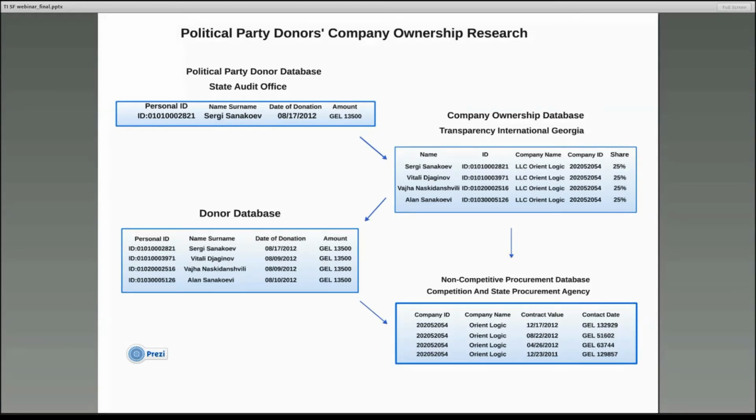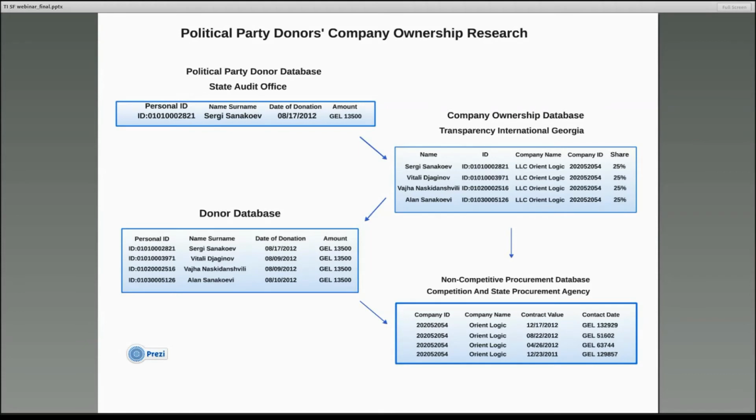And what we discovered was that this company has received several contracts both before and after this donation date. The contracts are 122,000, 51,000, 63,000, 129,000, and so on. And again, the dates when these contracts were signed were very closely correlated to the actual donation date.